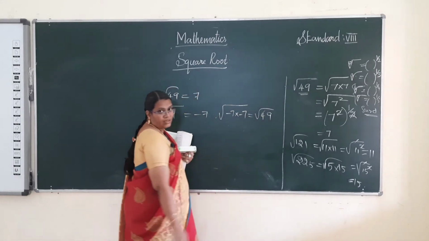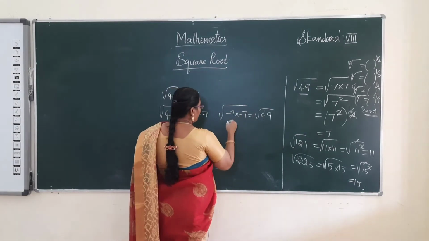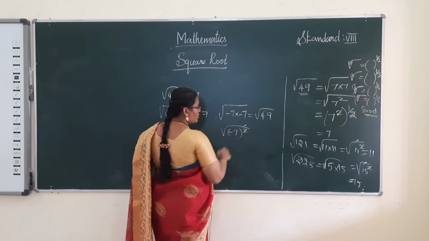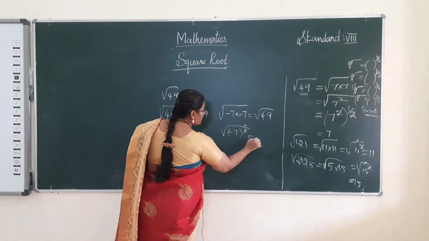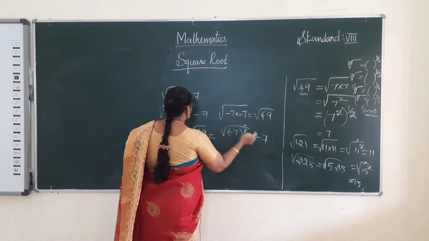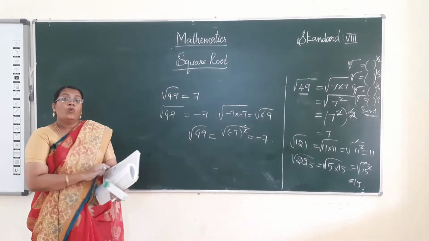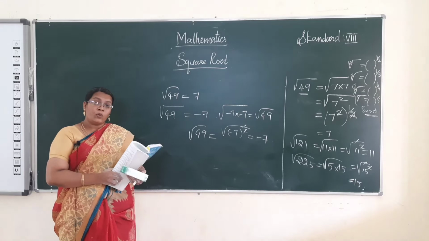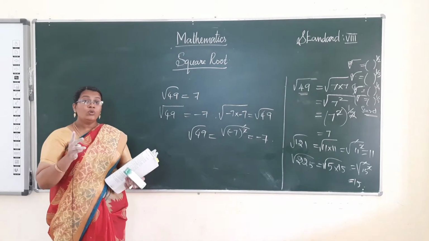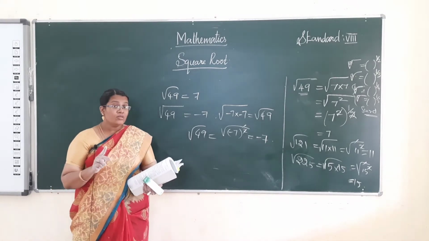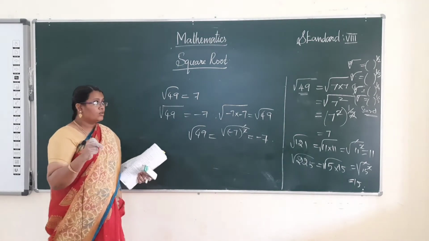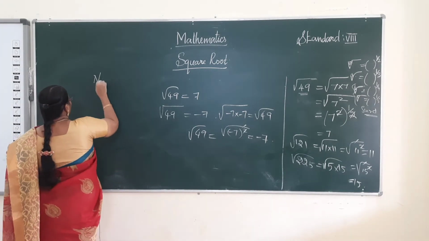The square root of minus 7 the whole squared: the square will be cancelled, so the answer is minus 7. So every positive number has 2 square roots, one positive and another one negative. This is one of the notes.